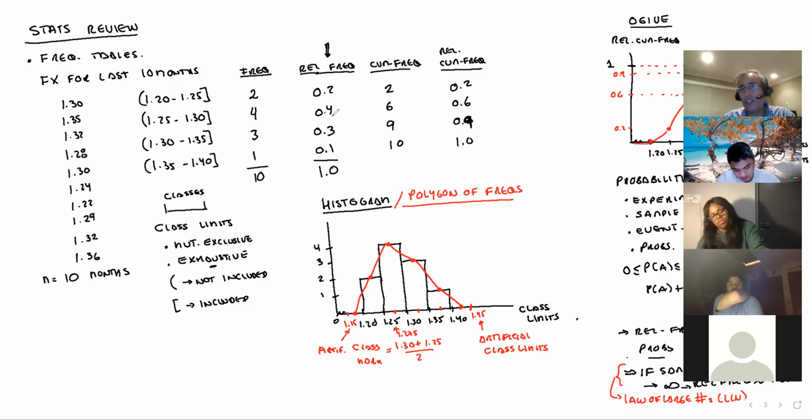It is this number plus this number, because I'm looking for 1.25 to 1.35: 0.4 plus 0.3, or the cumulative. Up to 1.35 is 0.9, correct? Up to 1.25 is 0.2. So between 1.35 and 1.25, it is 0.9 minus 0.2. Got it? So there are two ways of finding the same thing. You use the cumulative, or you use the relative frequencies. Make sense to you?